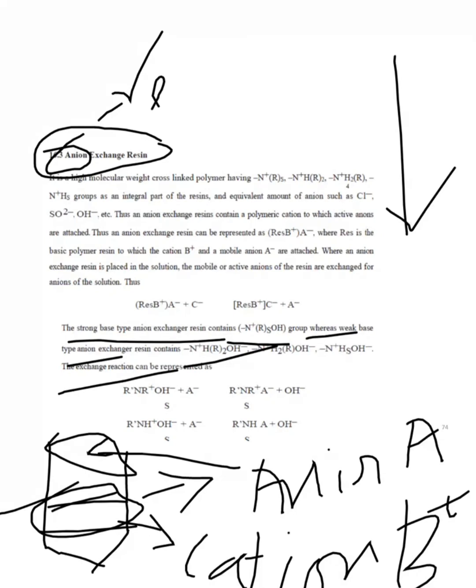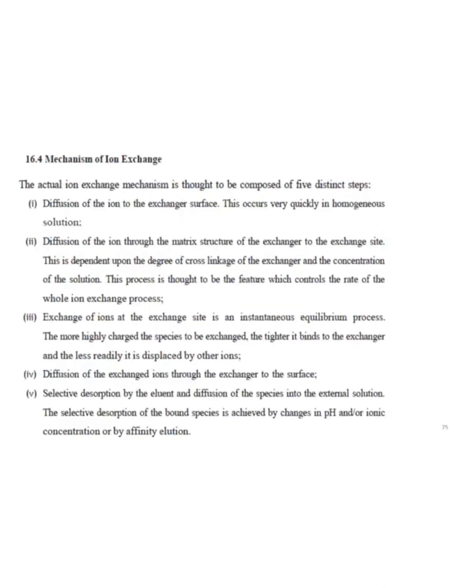For weak acid cation exchangers, we use zeolite 226 and Amberlite, and strong base anion exchanger resins have zeolite FF. These are some examples of the stationary phases we use for strong acid cation exchanger resin, weak acid cation exchanger resin, strong base anion exchanger resin, and weak base anion exchanger resin.